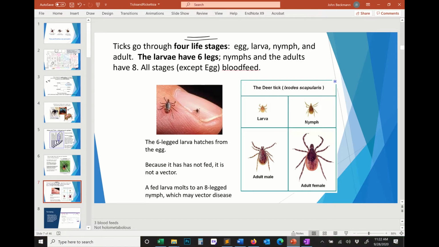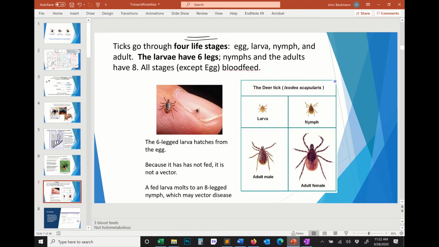But their life cycle looks like hemimetabolous insects in that they molt, and their molts look pretty much the same organism, so they don't change the structure of their being like metamorphosizing insects do. But they get bigger with each stage.